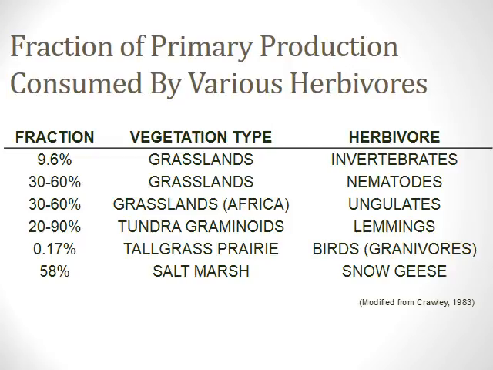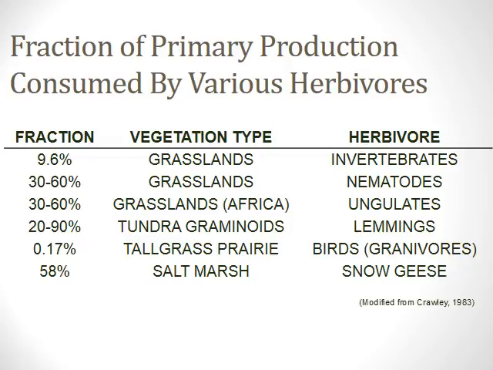That's an incredible amount of vegetation, and that's predominantly the roots and the decomposing plant structure of the grasses. Now we have the hoofed animals, or ungulates, on the African grasslands, which consume 30 to 60% of that vegetation type.